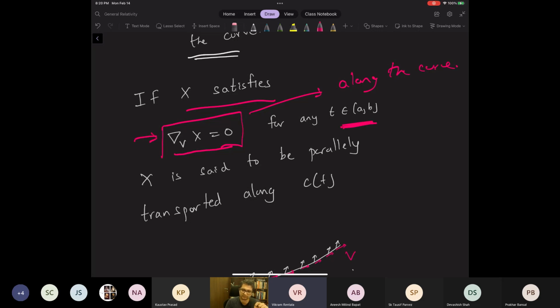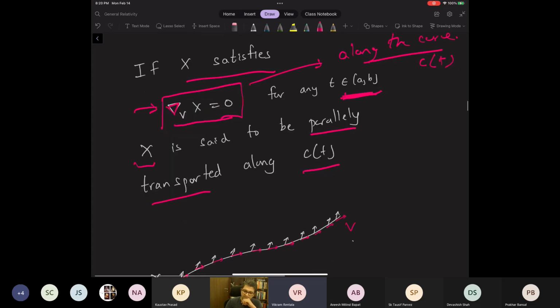Remember that this is a vector. At every point on the curve I evaluate this vector, and if this is 0 for all points on the curve, then we say that x is parallelly transported along the curve.